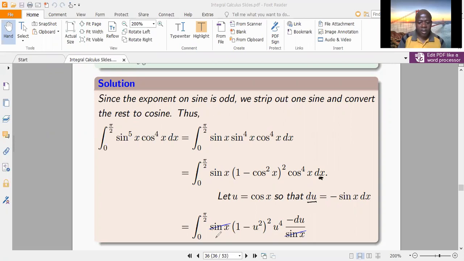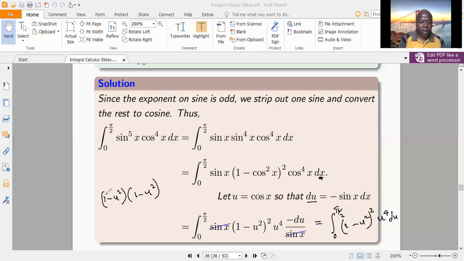So this sine x cancels that sine x. We are left with the integral from 0 to pi out of 2 of 1 minus u squared, squared, u raised to 4 du. So you work out this one first. It's 1 minus u squared, squared, which means you're multiplying it by itself.